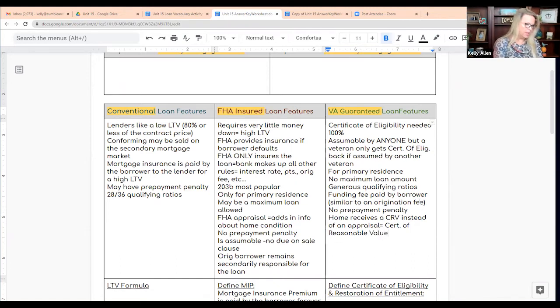Okay. And all loans are assumable. Very good. I'll put that in there. Okay, great. Now it says, note, a VA release of liability does not release the borrower from liability to the lender. Lender must provide separate release for borrower to be fully absolved of all responsibility for an assumed VA loan. Okay, we kind of got to that topic up above.